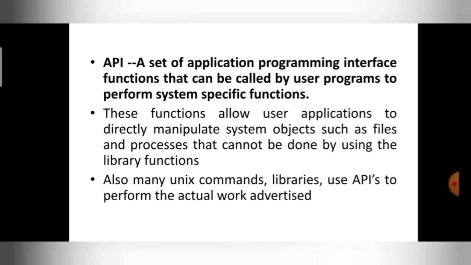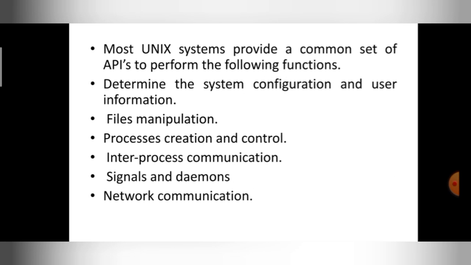Most Unix systems provide a common set of APIs to perform the following functions: file manipulation, process creation and control, and inter-process communication.